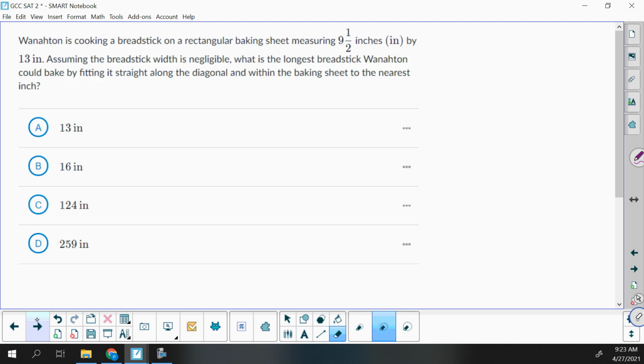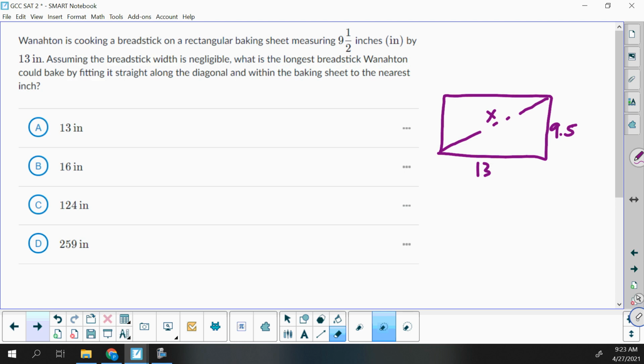So we have a rectangular baking sheet. So let's draw that in. 9.5 by 13 inches. So I'm going to do 13, and 9.5. And we want to know what's the longest breadstick that could fit on this baking sheet. Well, the longest that can be positioned would be along the diagonal here.